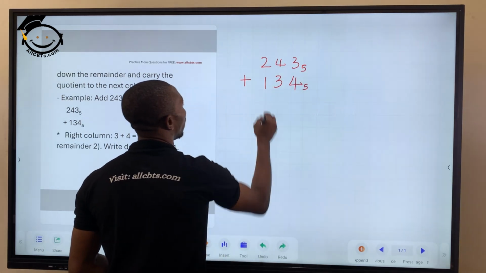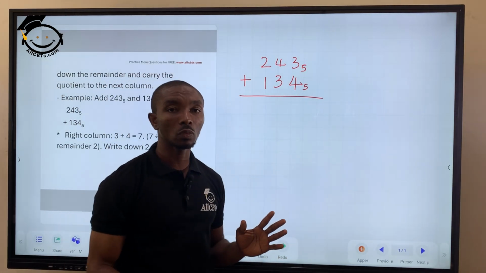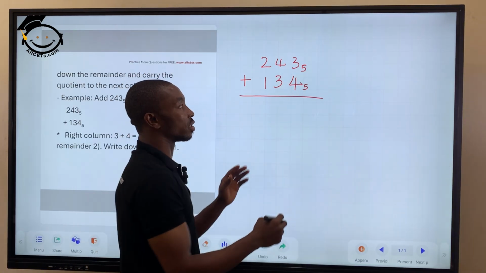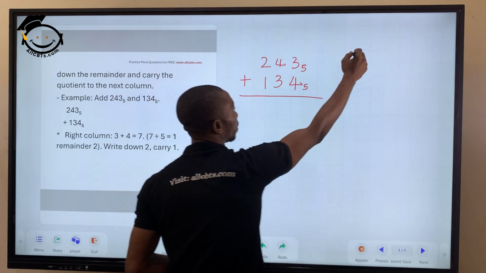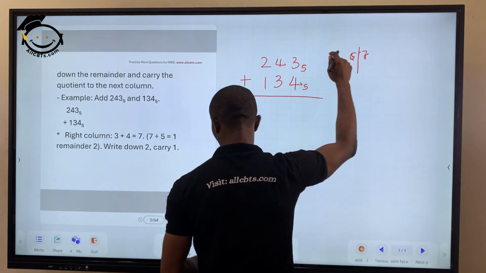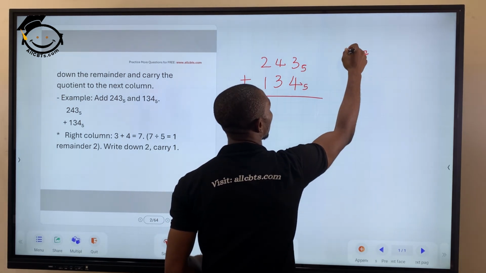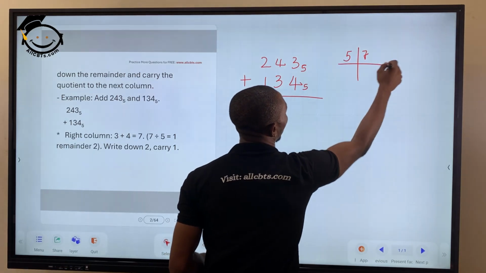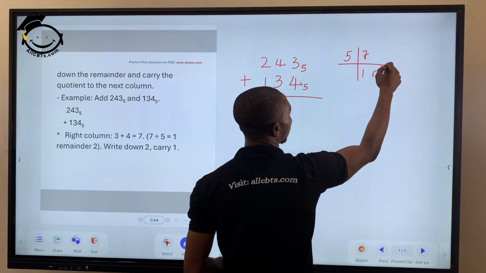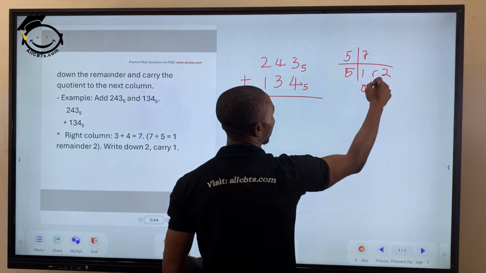Adding this, since we are working in base 5, 3 plus 4 gives us 7. Since it's greater than 5, we divide. We have 7 divided by 5. 5 into 7 is 1, remainder 2. 5 into 1 is 0, remainder 1.